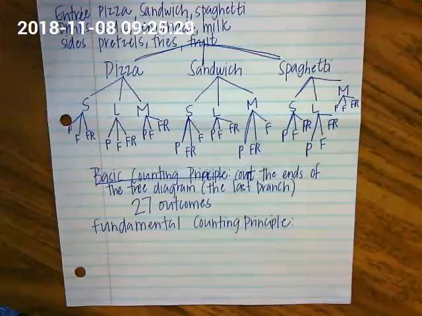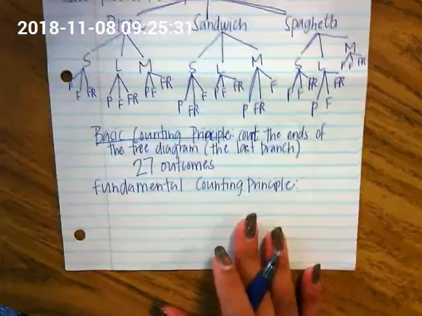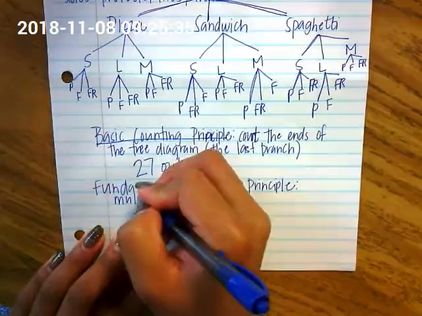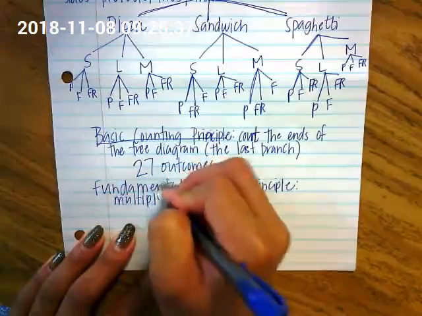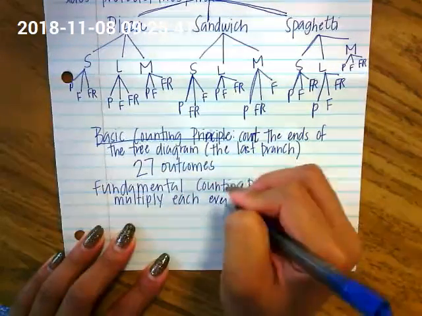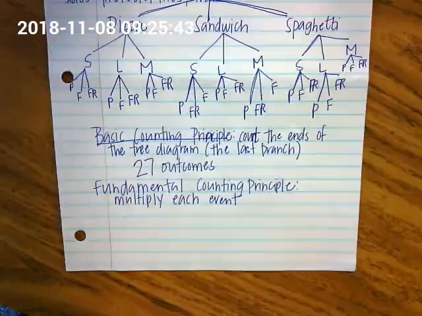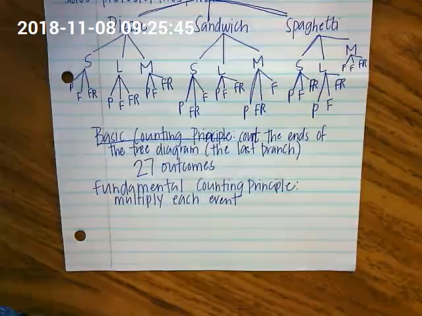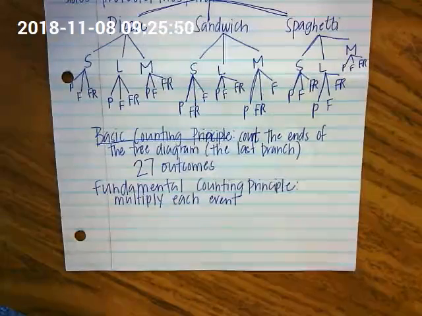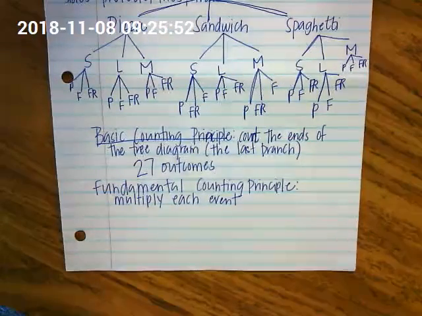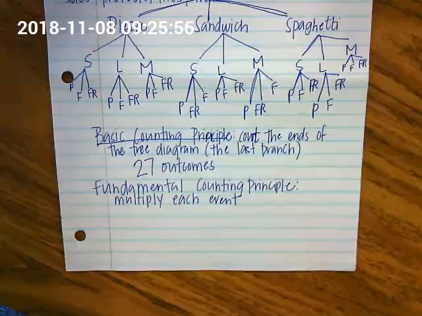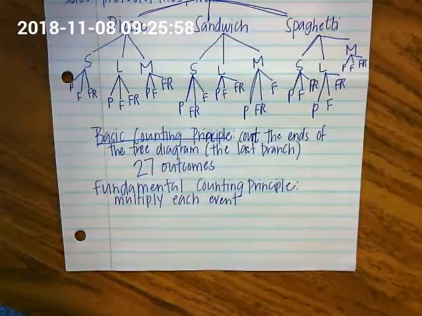With the fundamental counting principle, we are going to multiply each event. Meaning, we have an entree, that's one thing we want to get. We have a drink, that's another thing. And our side. Each of those represents one event.